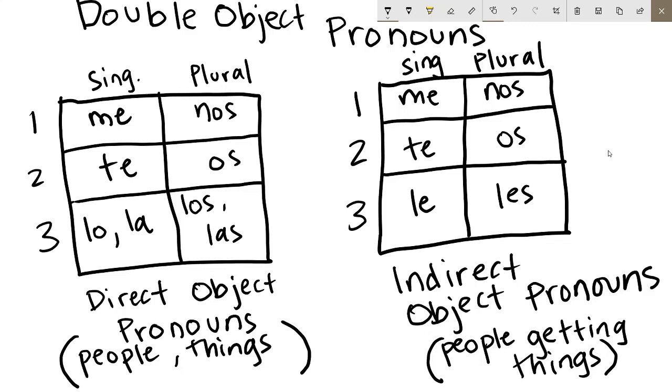So people or things given, spoken to, etc. So they are directly associated with the action, but here with indirect object pronouns, we're dealing with people getting things.